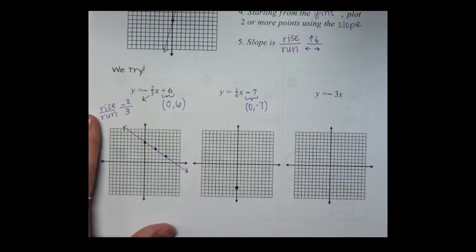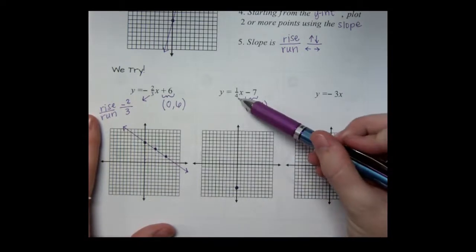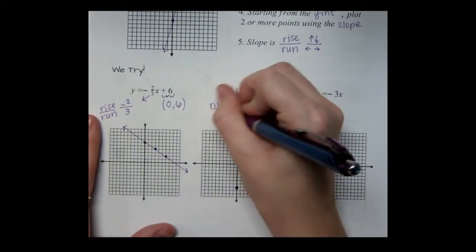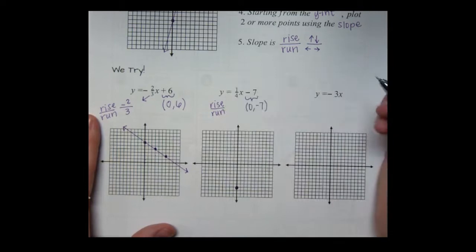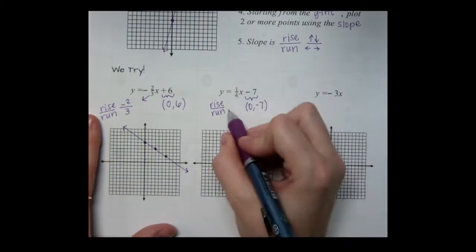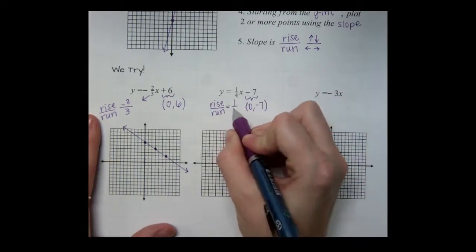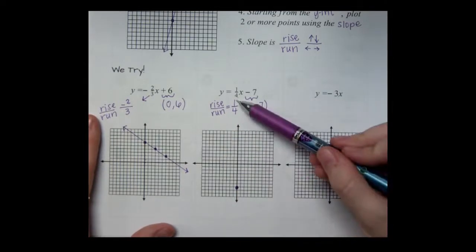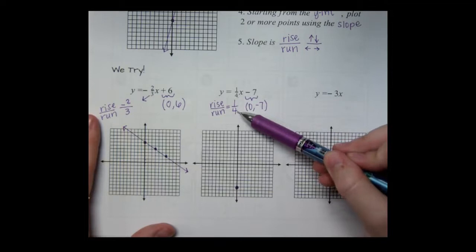I've got my y-intercept point, I plotted it. Now I'm going to use my slope to make some more points. So my slope we know is rise over run, and my rise over run is 1 over 4. So it means I'm going to go up 1 and positive 4 to the right.